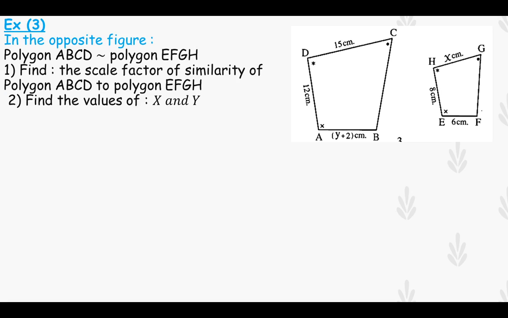First, we are going to solve it together. Here, since ABCD is similar to EFGH, therefore the corresponding sides are proportional.